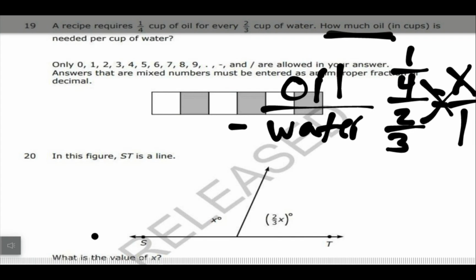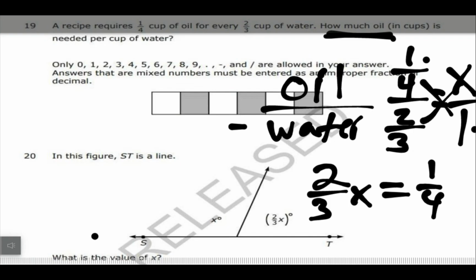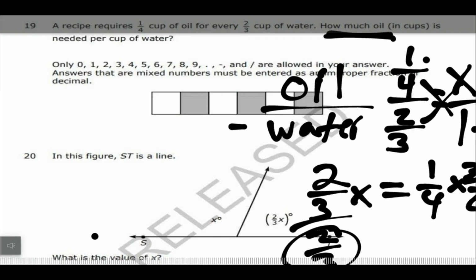So I can cross multiply. 2/3 times x is 2/3 x. 1/4 times 1 is just 1/4. And then I divide by 2/3. Remember, when I divide, I got to do keep, change, flip. So I flip it to 3 over 2 instead of 2 over 3.